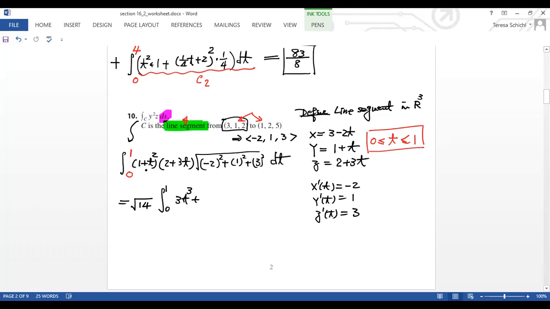So you FOIL this term. So I got 3t cubed plus 8t squared plus 7t plus 2, right? So it becomes a simple calculus 2 type of integration. And the answer I have here is 107 over 12 times the square root of 14.